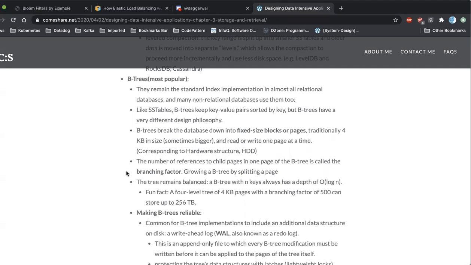Before that, there's a point Leon mentioned that we should clarify. When we say we have a 4K page, that 4K page would have several nodes in it. A B-tree node is not a 4K thing. It's a node of a certain size, and the 4K is more like the access mechanism.